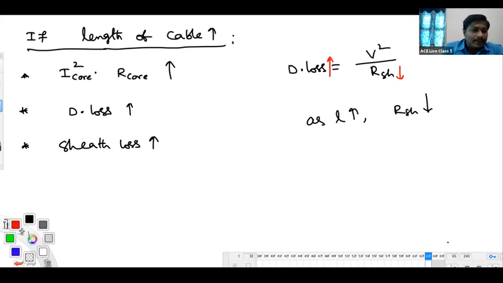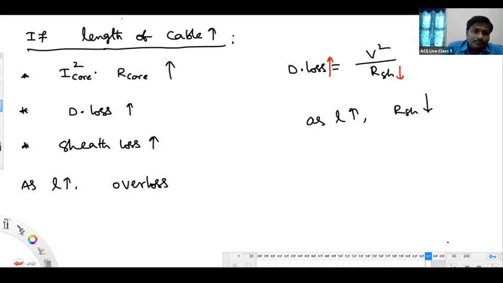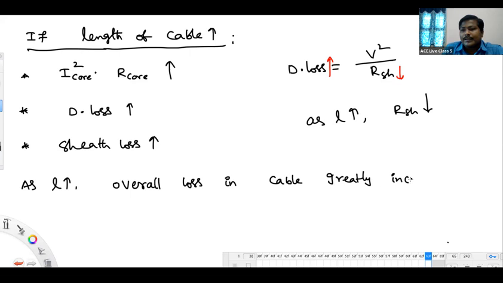So I can write now: as length of cable is increasing, overall loss in the cable greatly increases.